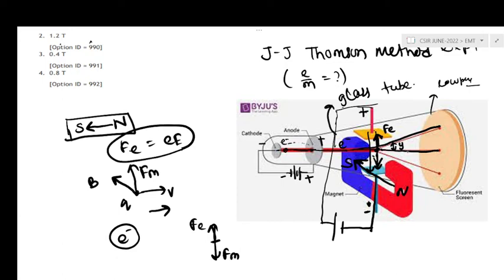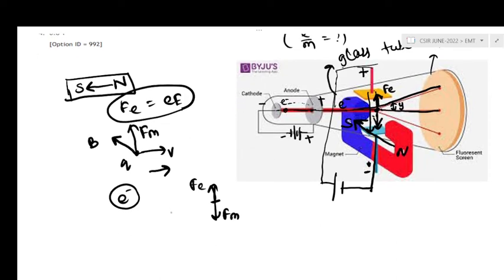So if we apply more and more magnetic field, at some point the electron will deflect in such a way that the deviation will be zero. That means y will be zero if you increase the magnetic field. So the path will be purely a straight line.